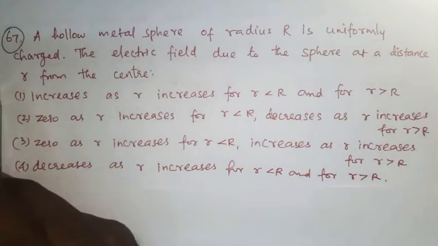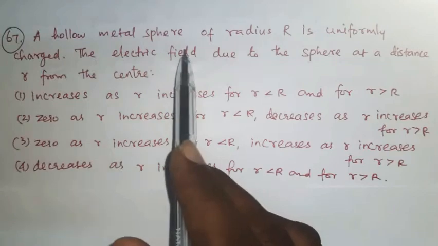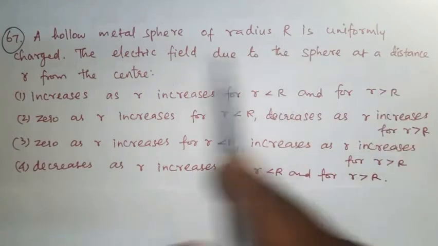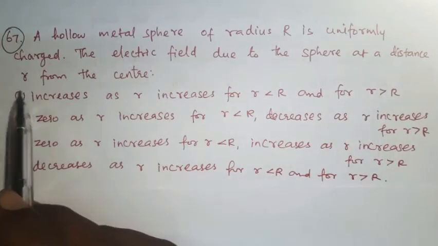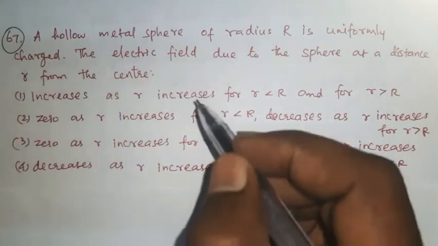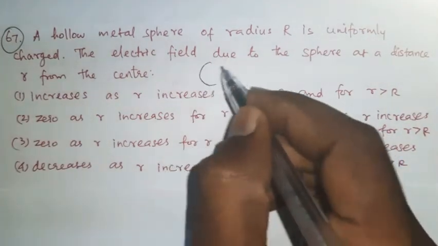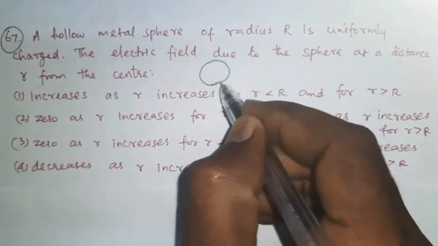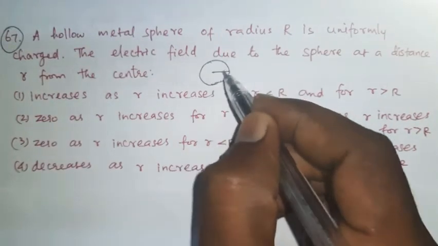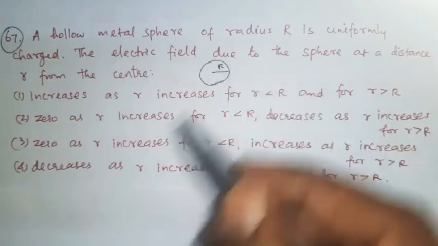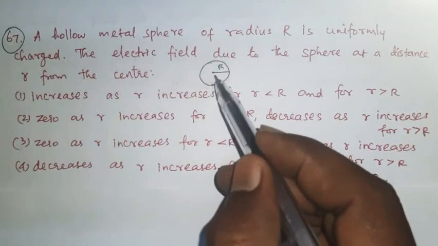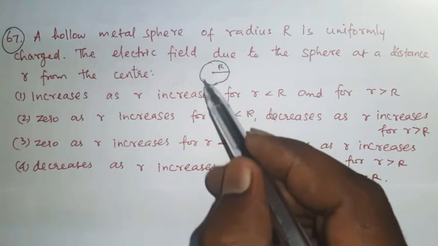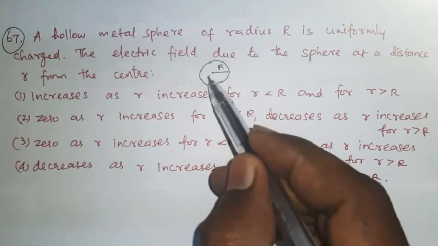Question number 67. A hollow metal sphere of radius r is uniformly charged. The electric field due to the sphere at a distance r from the center. So this is a hollow metal sphere, its radius is r. Inside the sphere the electric field is 0.